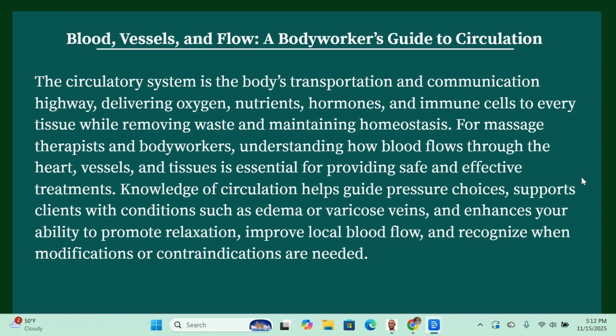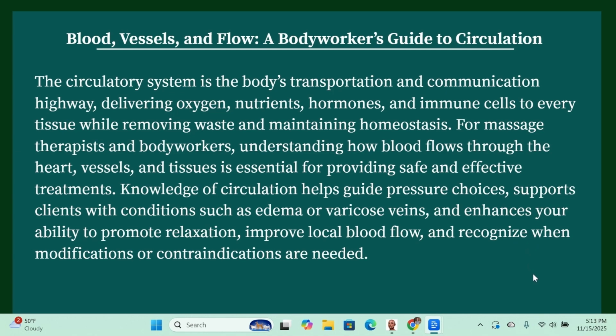Let's go ahead and dive in. All right, blood vessels and flow. A body worker's guide to circulation. The circulatory system is the body's transportation and communication highway, delivering oxygen, nutrients, hormones, and immune cells to every tissue while removing waste and maintaining homeostasis.